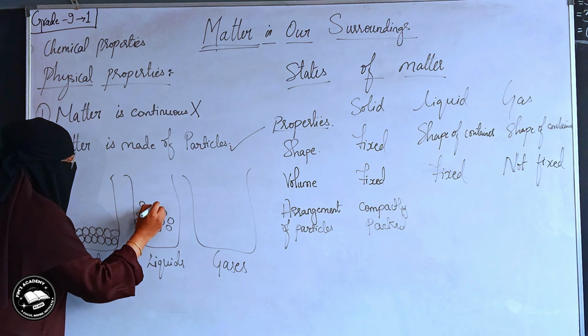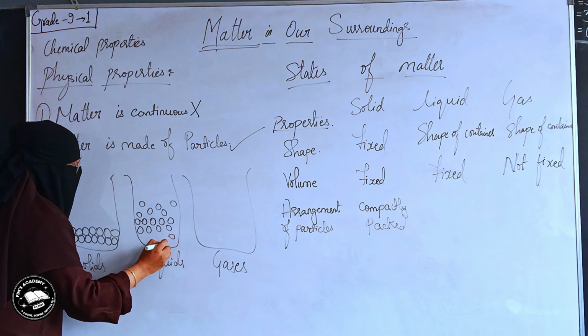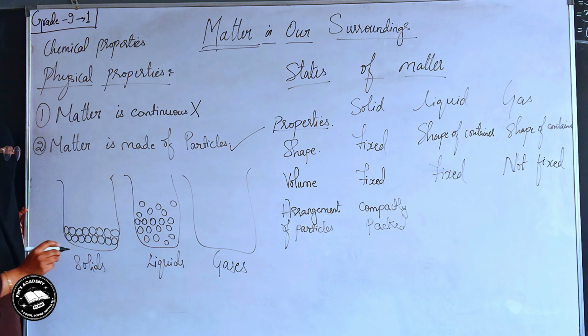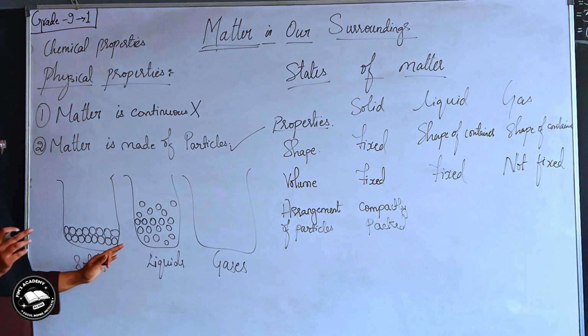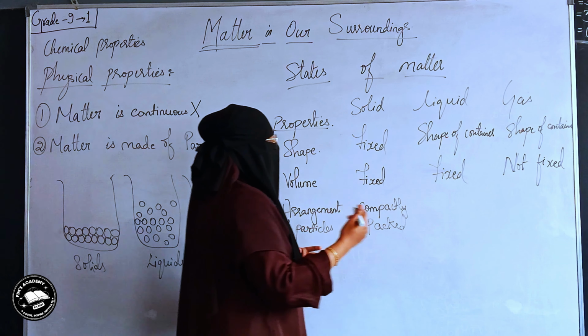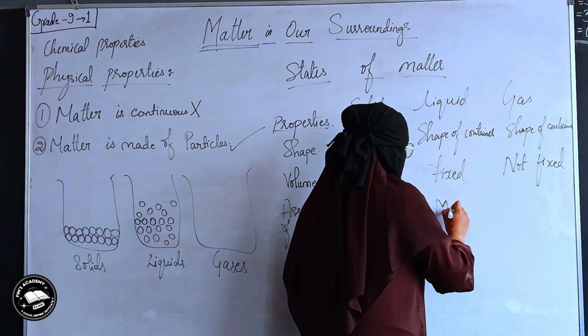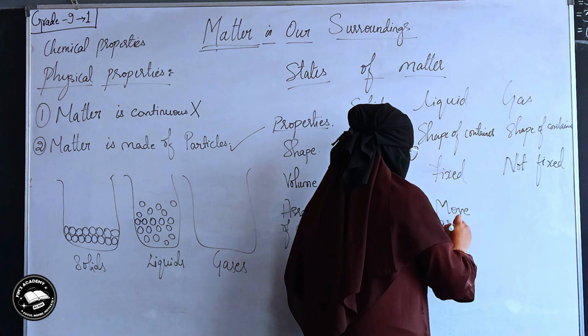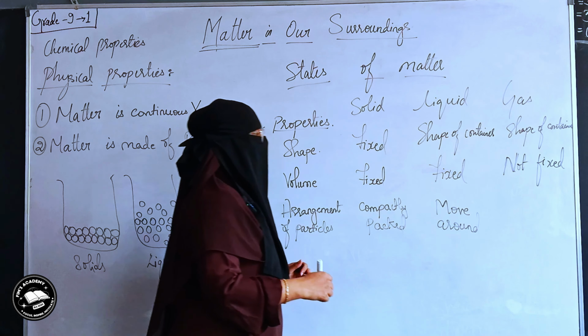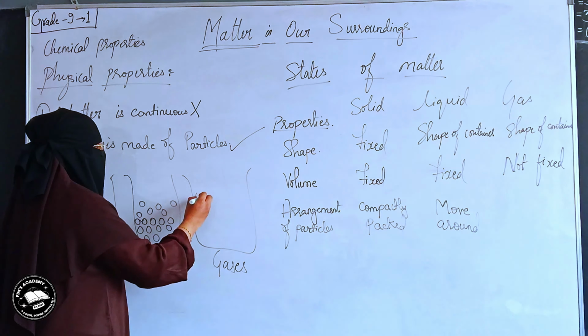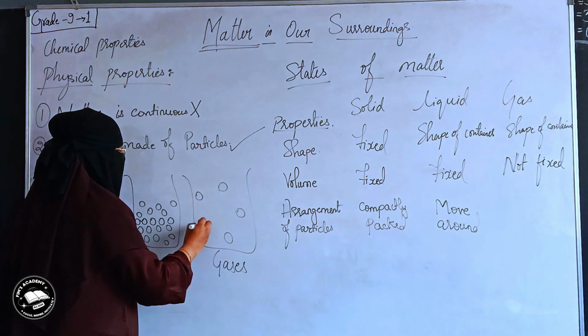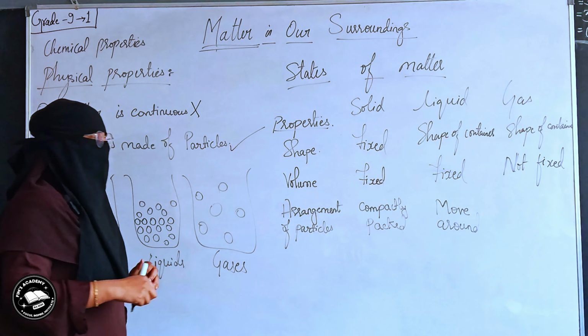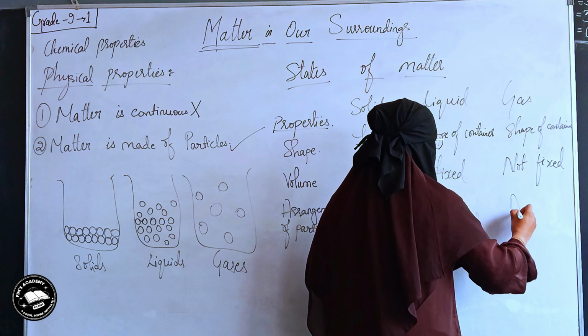Some might be here and some might be there, and as a result, the molecules are not tightly packed. So the molecules can move around. But when I talk about gases, the molecules are really apart from each other.